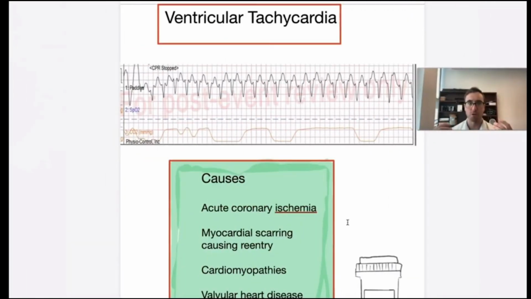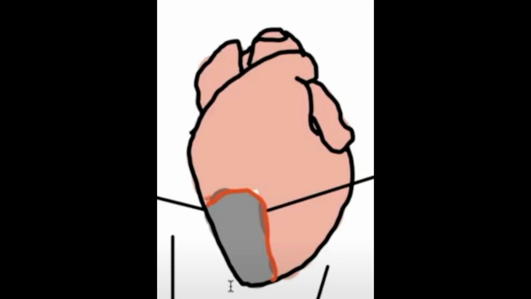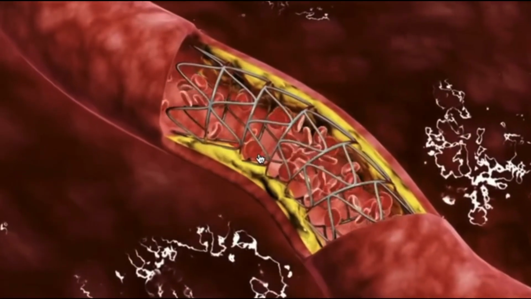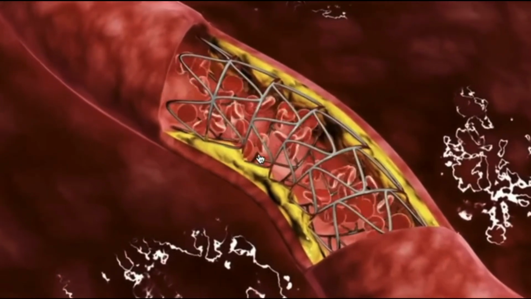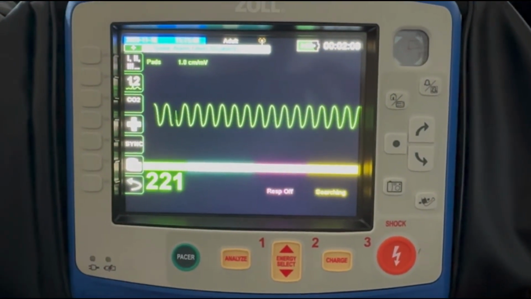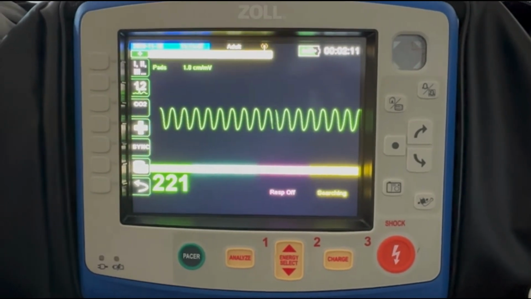So now if we examine ventricular tachycardia, obviously the most common reason why patients go into it is from heart disease again. So ST elevation MI, cardiac ischemia, or if they've had a scar from a previous MI or cardiac ischemic damage, that could lead to a higher risk of patients going into ventricular tachycardia. We know this patient on this ECG is in ventricular tachycardia because it's wide and it's coming from the ventricles.